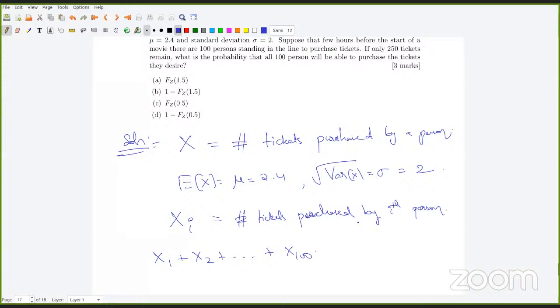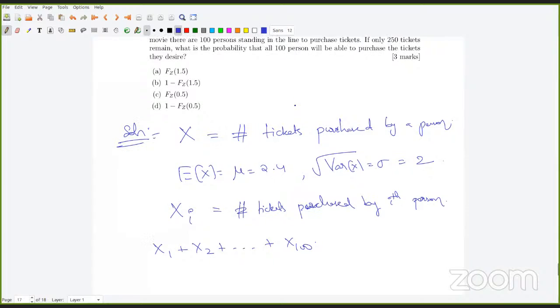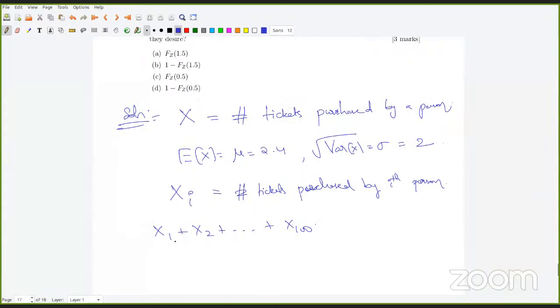Correct. If xi is the tickets purchased by the ith person, then the sum over all the 100 persons is the total tickets purchased by these 100 people. What we are asking is, if only 250 tickets remain, what is the probability that all 100 persons will be able to purchase the tickets they desire? So x1 is the number of tickets the first person wanted to buy, x2 is what the second person wanted to buy, and like this, x100 is the number of tickets the hundredth person desires.